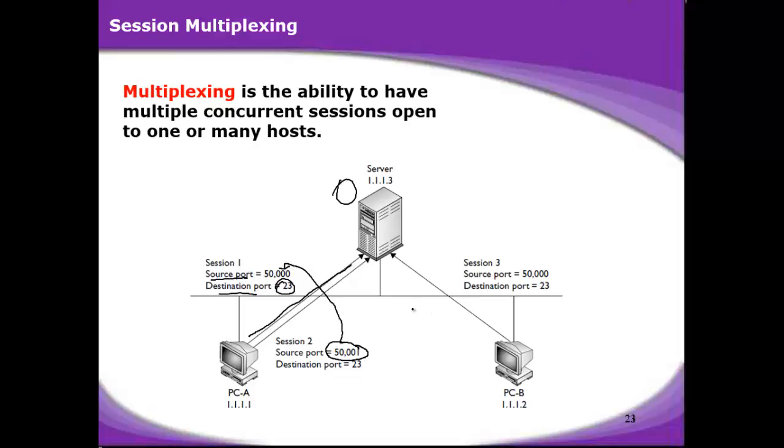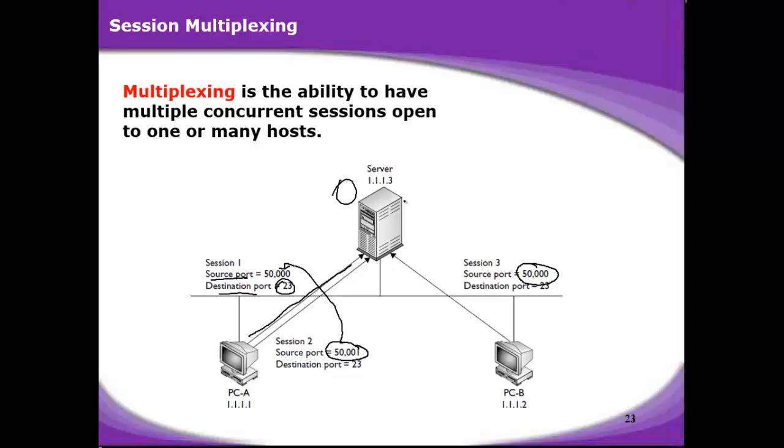But if a new request arises from a different computer having the same source port as one of the sessions from this computer, it is possible that there can be two same ports from two different computers, but it cannot be the same on the same computer. The source port cannot be the same on one computer, but it can be the same from a different computer.